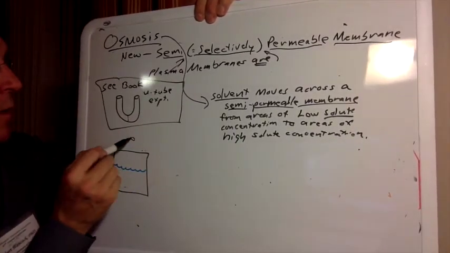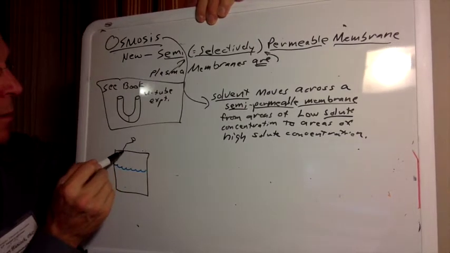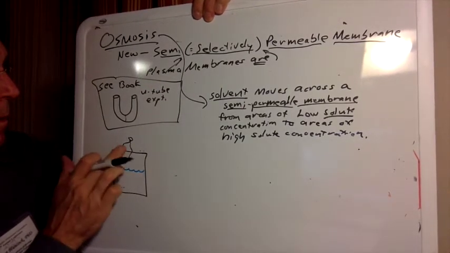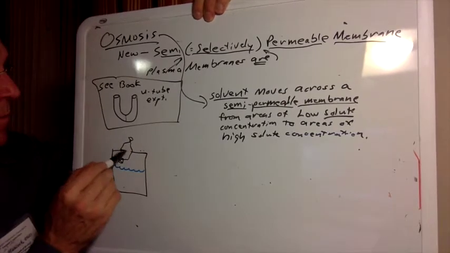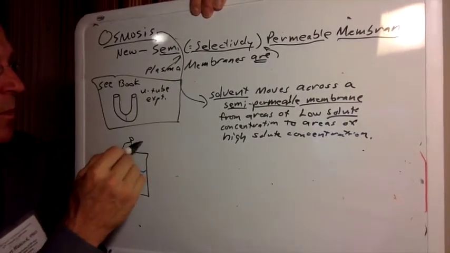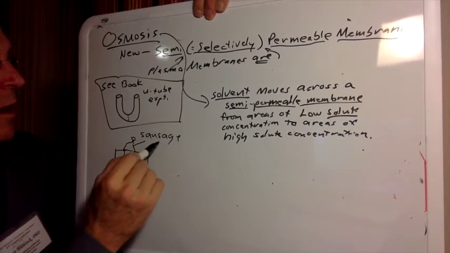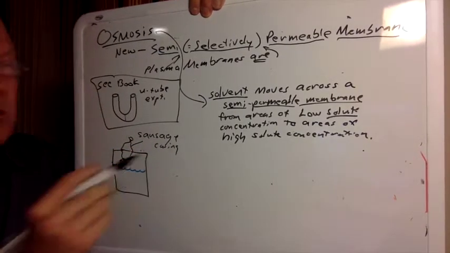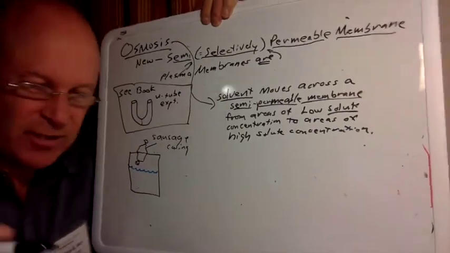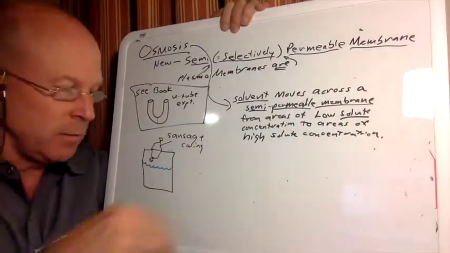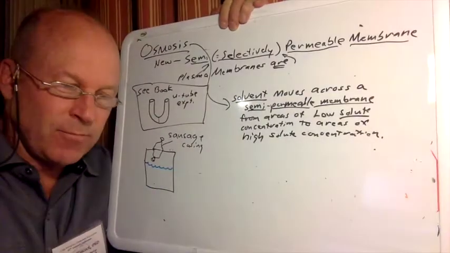I'm going to get myself, for this experiment, an intestinal casing. So this could be like a sausage casing, which is the epithelium of intestines of animals. Of course, we shove a bunch of meat and spices in there and call it good eating.